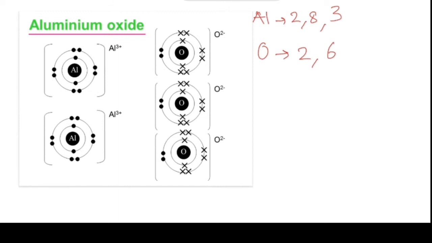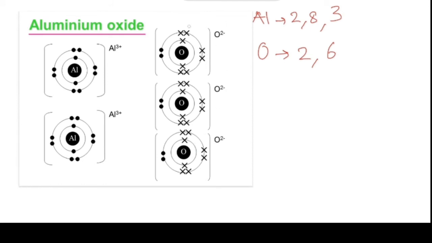So aluminium needs to transfer 3 electrons to obtain a stable electronic configuration, and oxygen needs 2 more electrons to obtain a stable electronic configuration. So when aluminium and oxygen form an ionic compound, there would be 2 aluminium ions and 3 oxide ions, as you can see in the diagram.